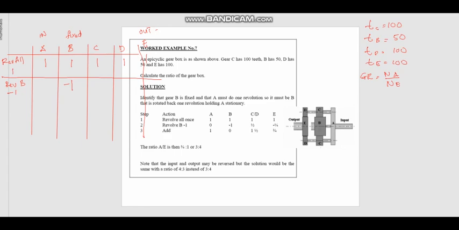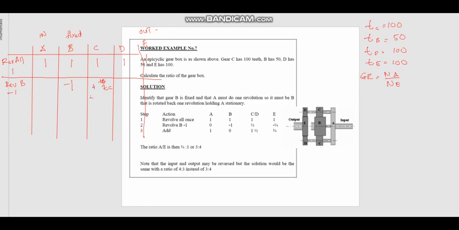B is connected to C. One revolution of B is equal to TB over TC, and the direction is opposite because this is an external gear. Since B is minus, C will be plus.